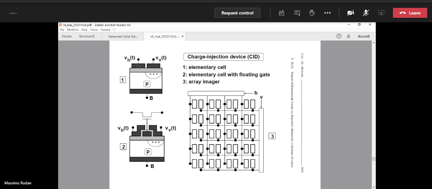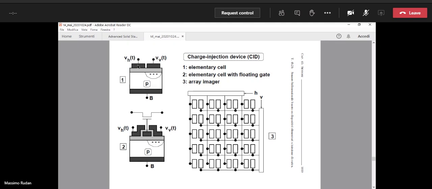All the gates that are on the right in the same row are connected together. And each set of connected gates of the same row goes to the right into the vertical control.